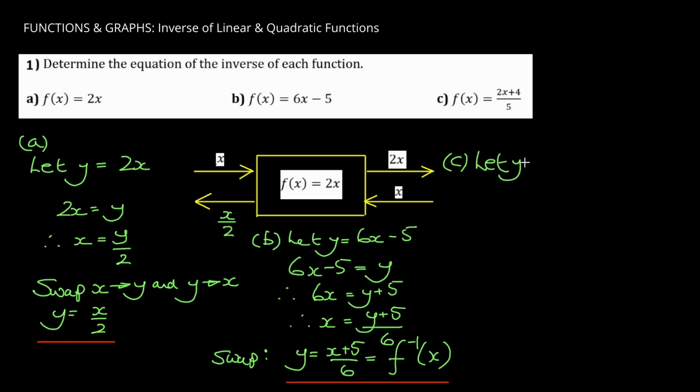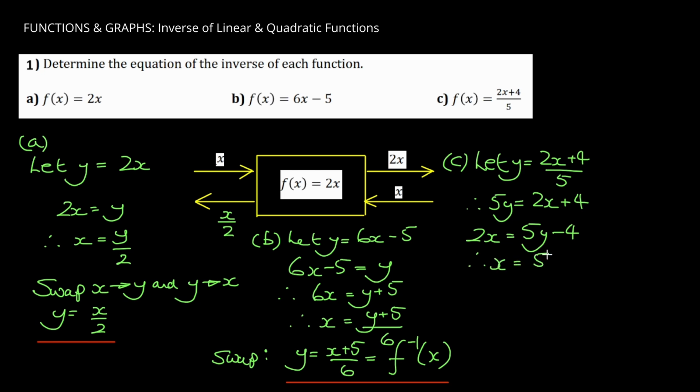Let y equal (2x plus 4) divided by 5. Therefore, cross-multiplying, 5y is equal to 2x plus 4. x now has to be the subject again, so we get 2x is equal to 5y minus 4, and therefore x is equal to (5y minus 4), all divided by 2.